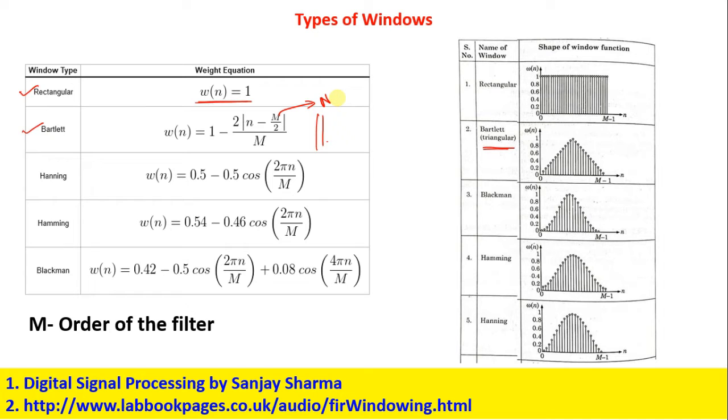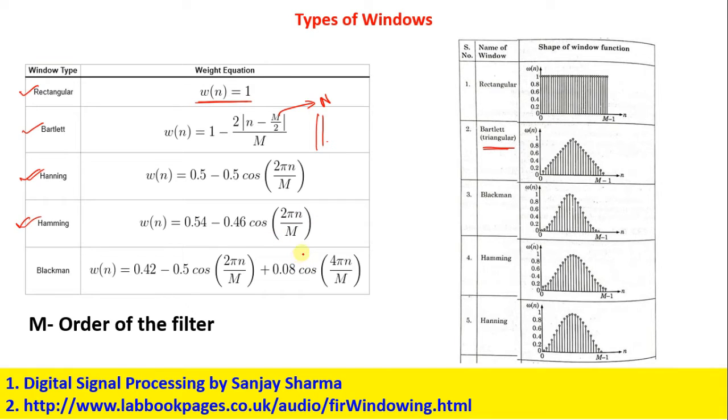So you have w(n) equals 1 minus 2 times modulus of n minus M by 2, divided by capital M. Similarly we have the Hanning window: w(n) equals 0.5 minus 0.5 cos of 2 pi n by capital M. Then the Hamming window: w(n) equals 0.54 minus 0.46 cos of 2 pi n by capital M.